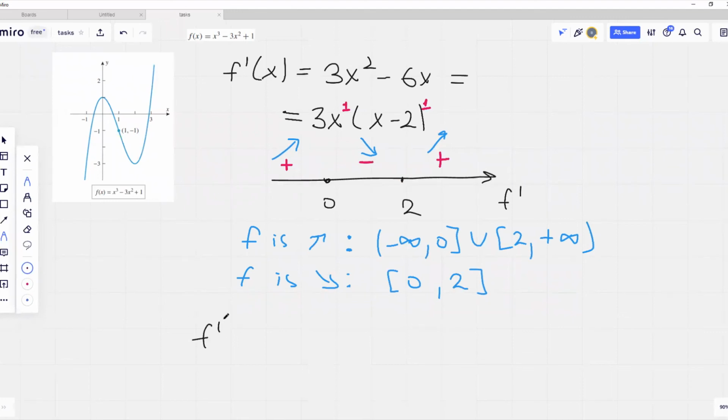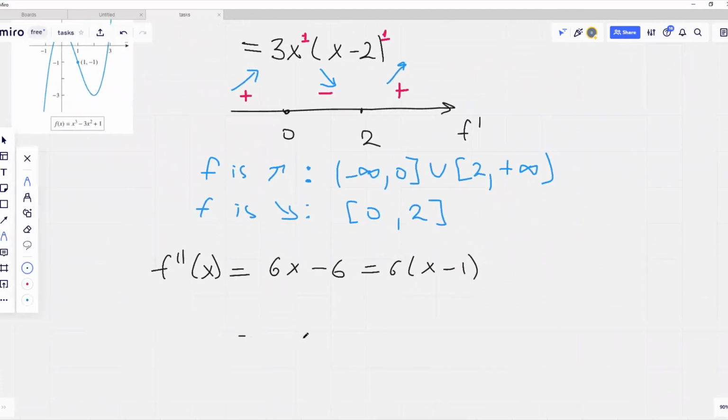Now, to find intervals where our function is concave up or concave down, we need to study the second derivative. So let's find the second derivative of our function. This is equal to 6x minus 6, so 6 times x minus 1. Now let's find intervals where the second derivative is positive or negative.